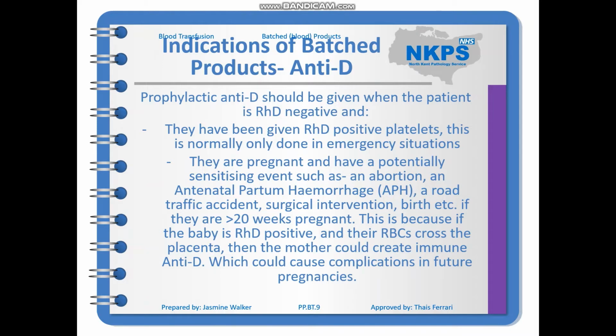So when you're talking about pregnant ladies, that foreign antigen is coming from their fetus and it's an exposure to their red blood cells. So examples of this could be an abortion, an antepartum haemorrhage, so an APH, a road traffic accident, surgical intervention, or even birth, because obviously when you give birth there's a lot of blood involved.